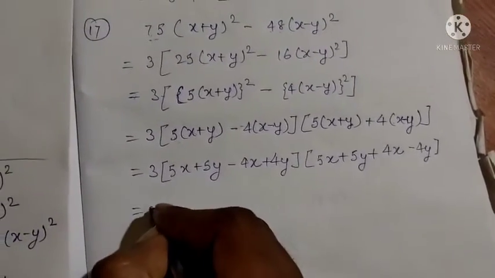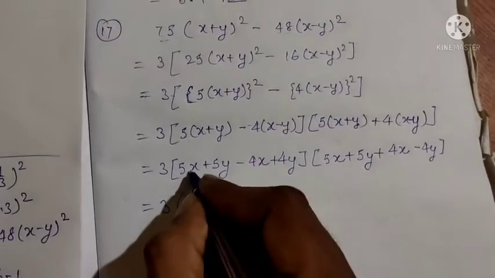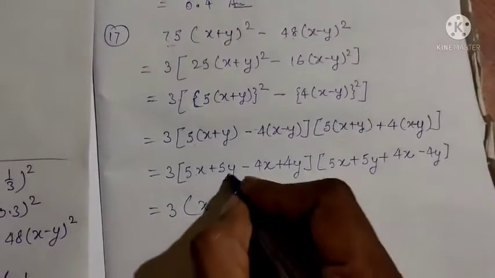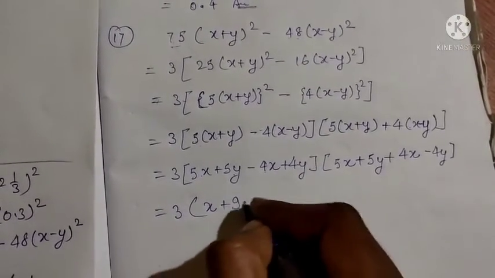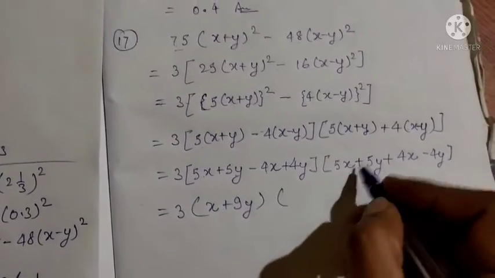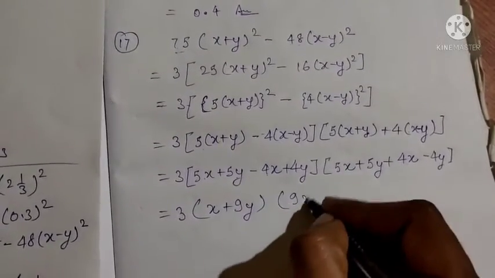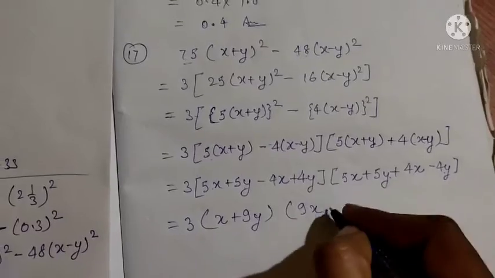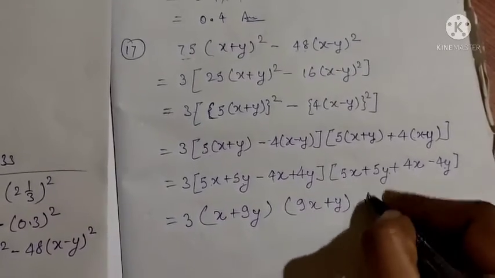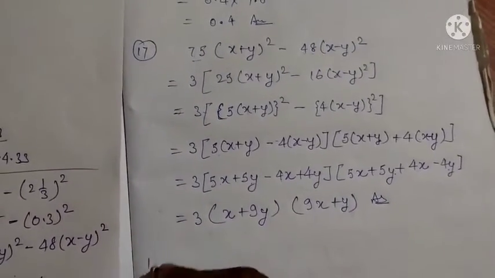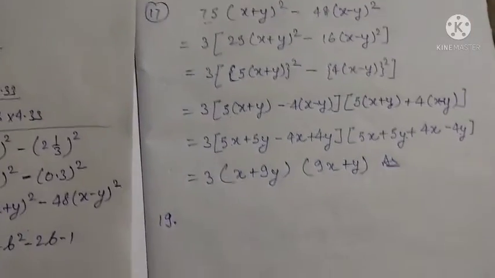By solving this, we have 3 (5x minus 4x becomes x, 5y plus 4y will be 9y) and (5x plus 4x equal to 9x, and 5y minus 4y is equal to plus y). You have your answer.